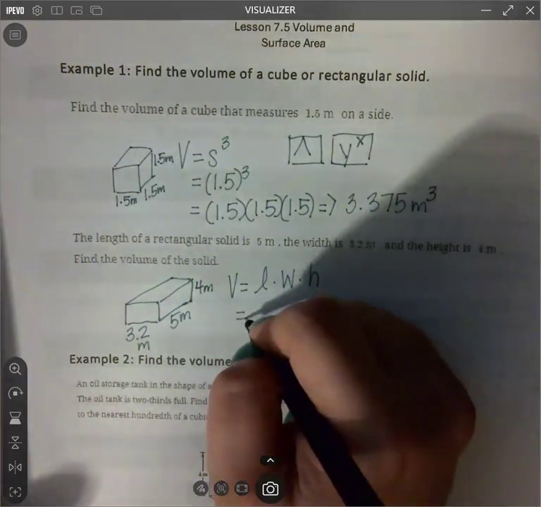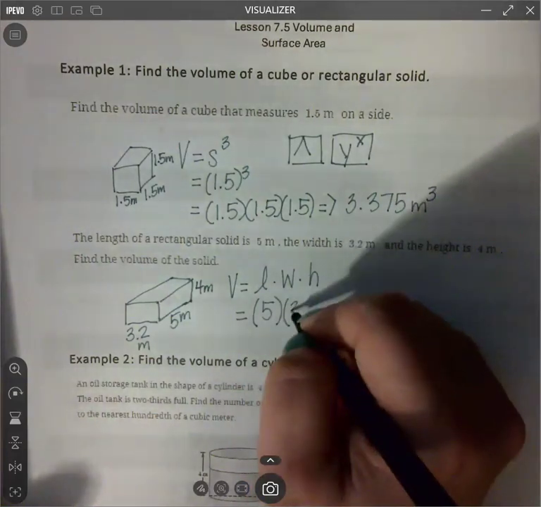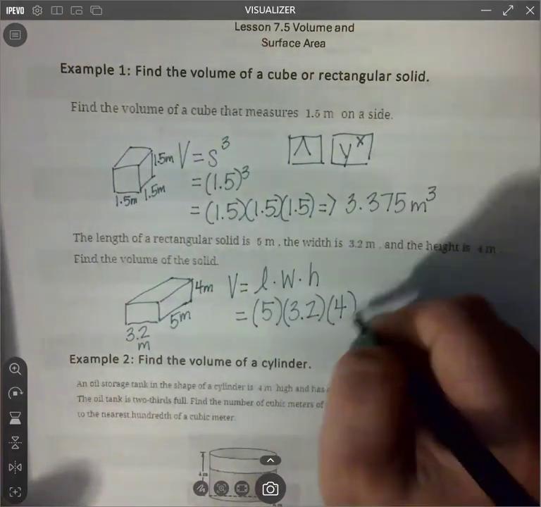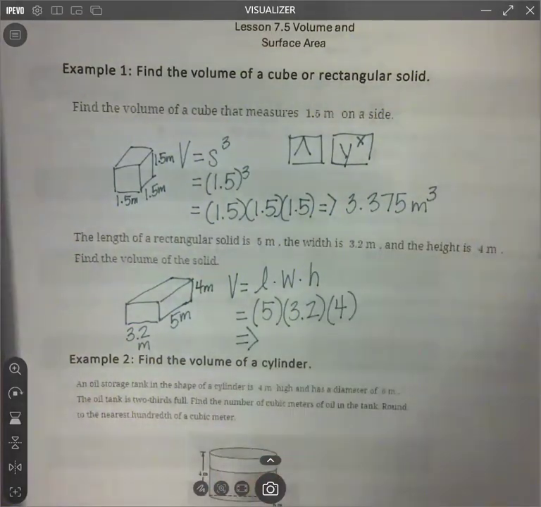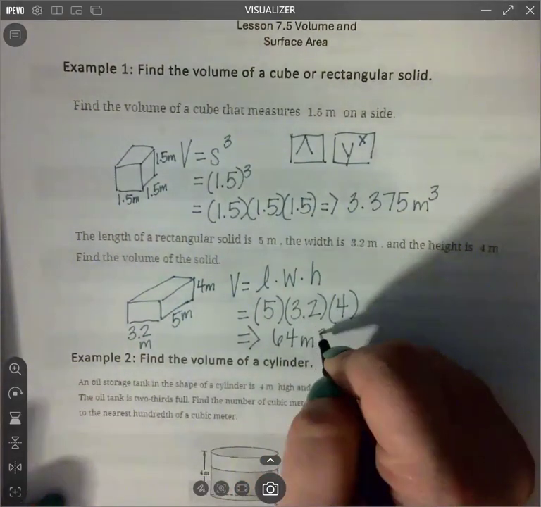And then we just plug in those numbers. If you were to mix them up, it's not going to matter. As long as you have the right 3 numbers, the order doesn't matter. So when you multiply those 3 numbers in your calculator, you should get 64 meters cubed.